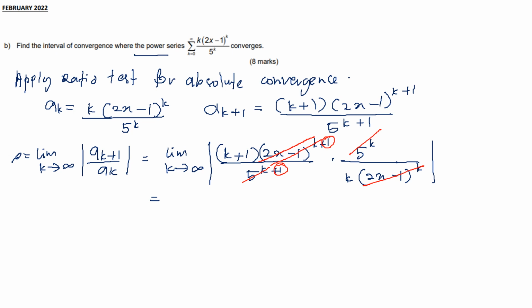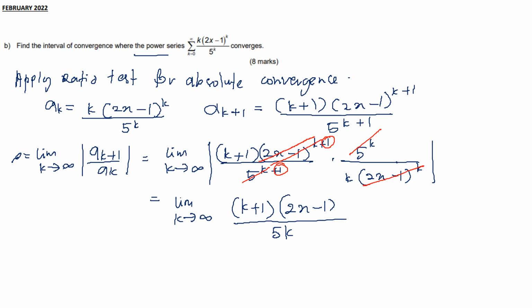As you simplify, you will get the limit as k approaches infinity of (k plus 1), and then you get (2x minus 1) over 5k.